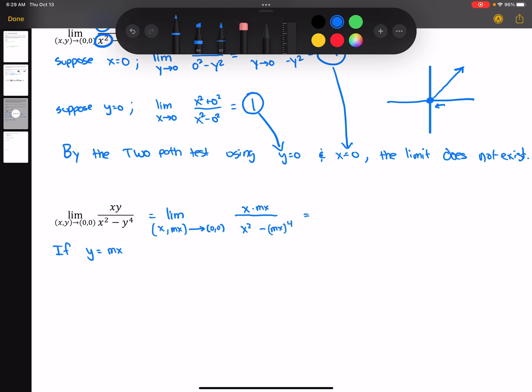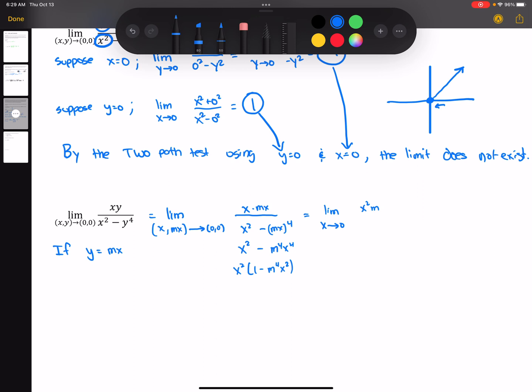And so in the numerator, we would get the limit as x approaches 0 of x squared m, and indulge me for a moment. So here we're going to get x squared minus m to the fourth, x to the fourth in our denominator. So now notice that we could factor out easily an x squared, and that will leave us with 1 minus m to the fourth x squared.